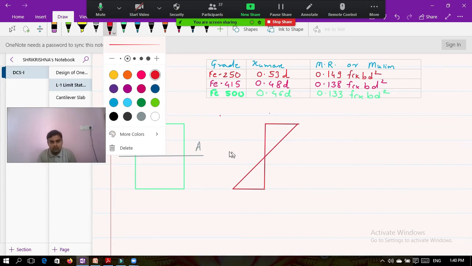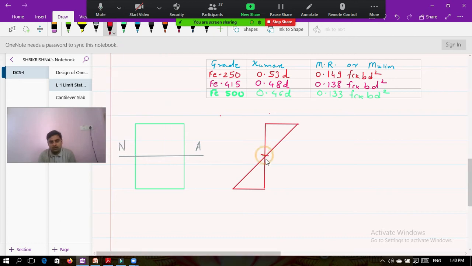Here it is your neutral axis. Somewhat from this point your neutral axis is passing. This is the compressive strain, which is plus. Here it is the tensile strain, which is always minus. The maximum value of compressive strain is 0.0035.